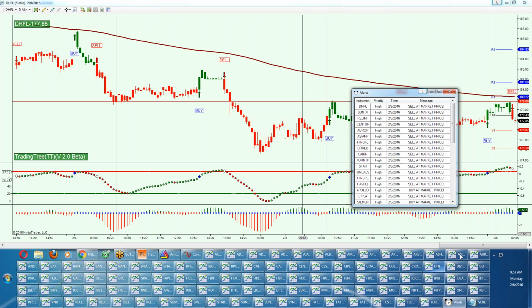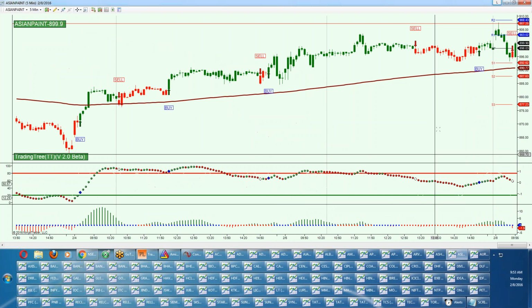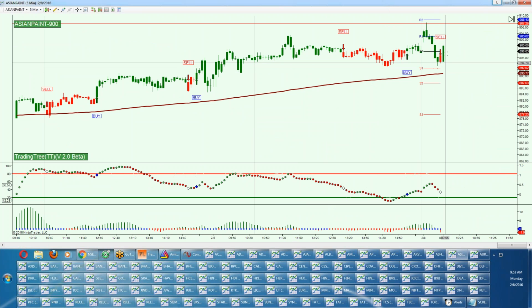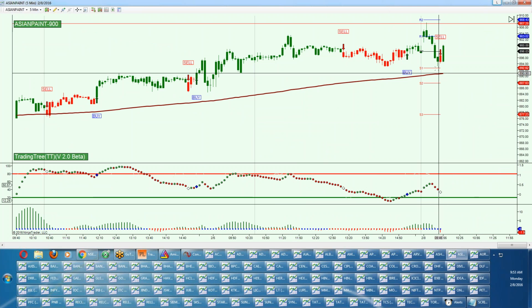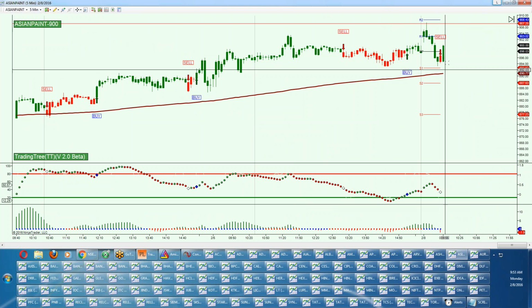We have Asian Paint sell. So you can see that when you have these two strong supports here, that is your S1 and the brown line, it's bouncing back. So we'll try to avoid calls like this.